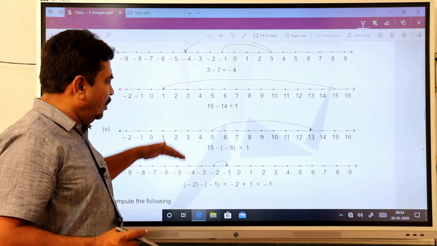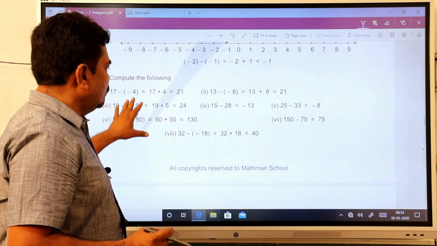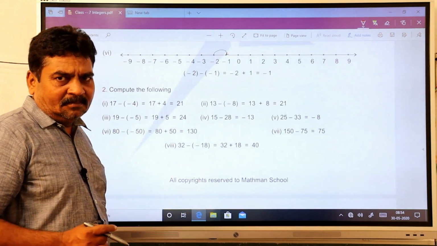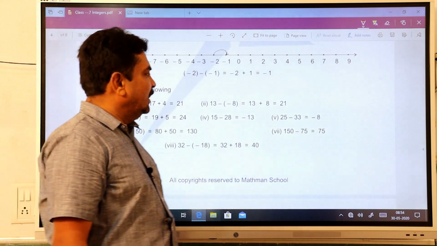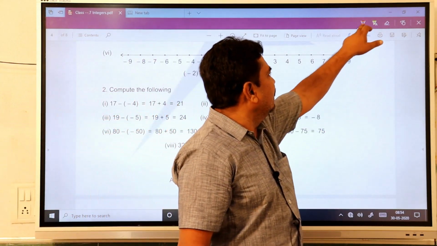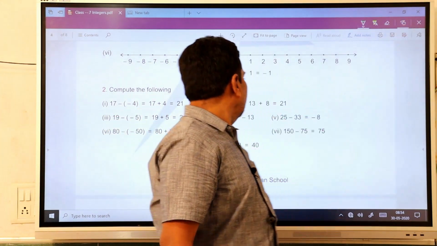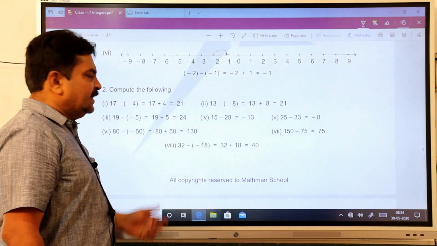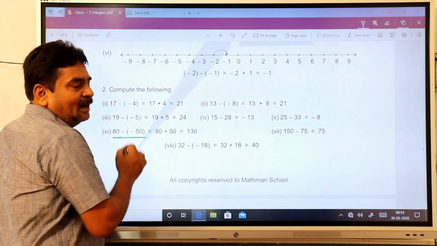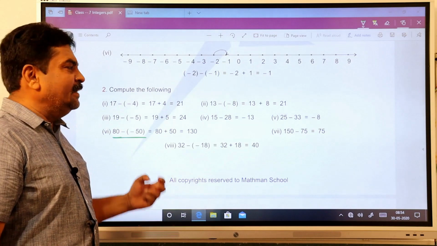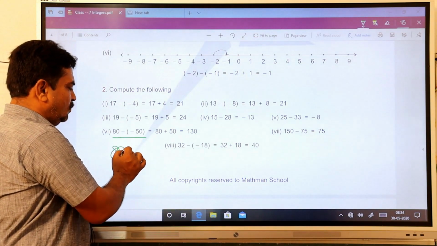Now all these things you can do. We already did this, but anyhow I'll take 1 or 2 problems in it. You can easily understand them. So example, I'll tell you here, 80 minus of minus 50. 80 minus of minus 50 is how much? 80 minus into minus, how much?